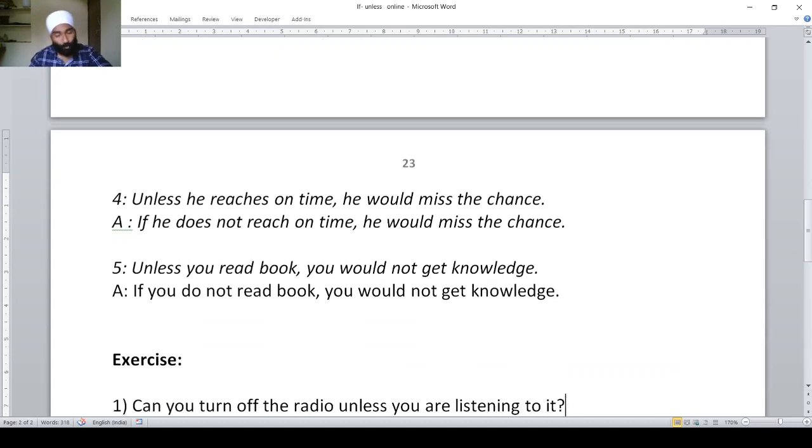So here I have shown you 5 examples in which we have used if not instead of unless. Unless is exactly similar to if not. You have to make a little change of the helping verb, and you have to use if not in the sentence of unless.